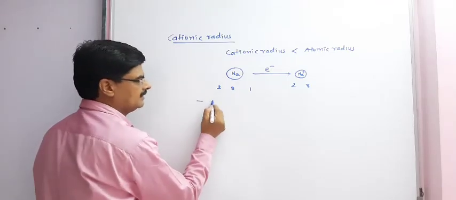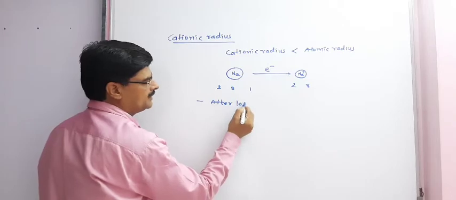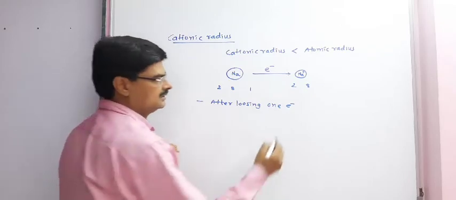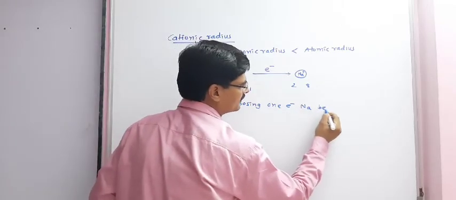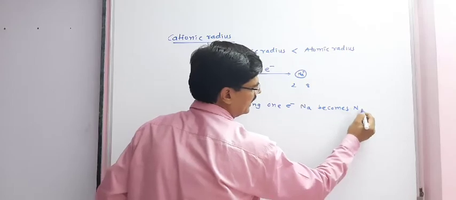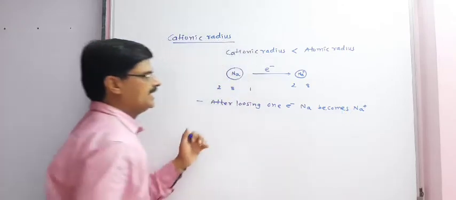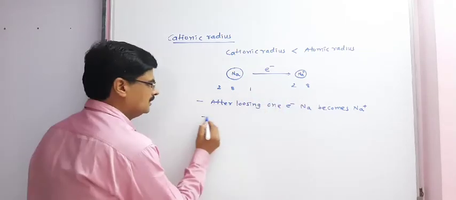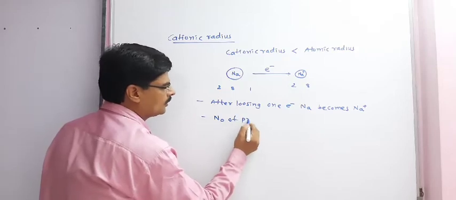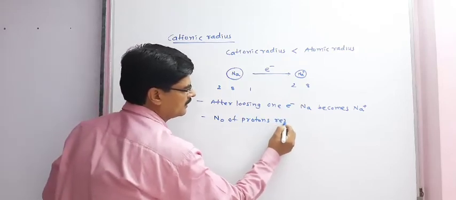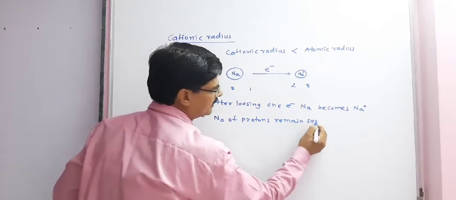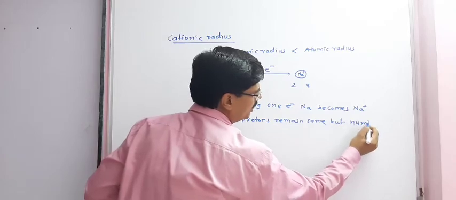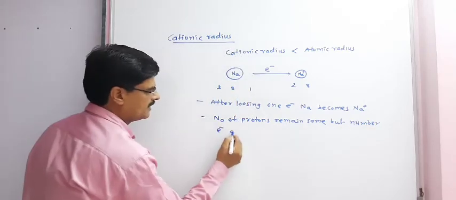Here we can say that after losing one electron, Na becomes Na plus, and the electronic configuration changes from 2, 8, 1 to 2, 8. The number of protons remains the same, but the number of electrons decreases.